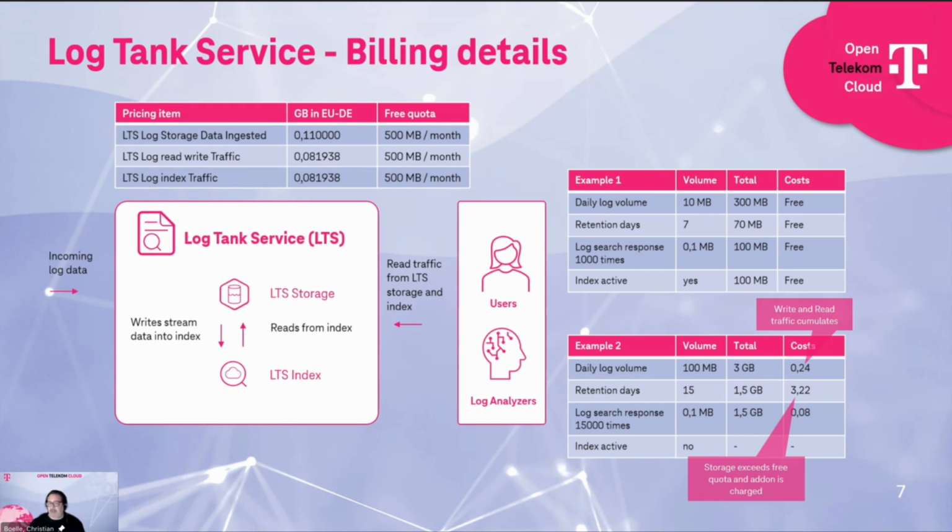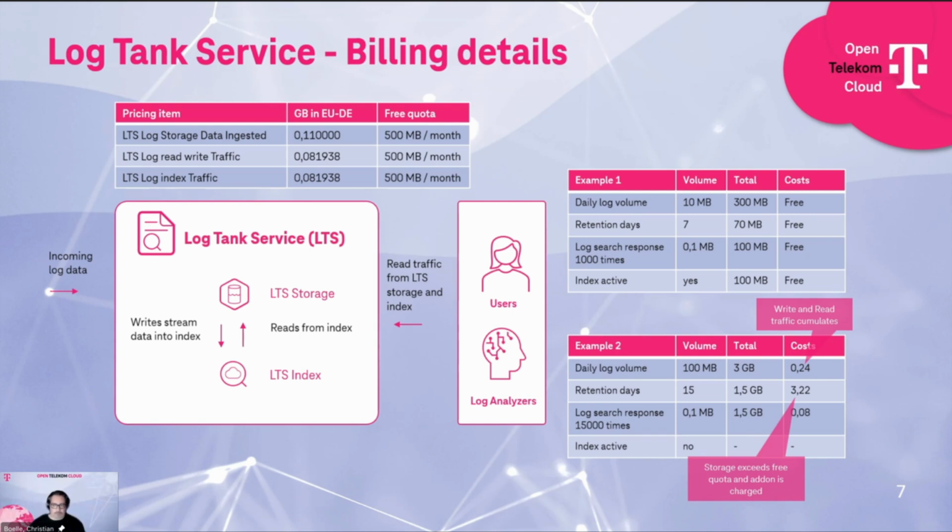That would be the second part: how often or how many MBs do you extract of this log data? For example, when you build a query which runs every minute and every time extracts 1 MB of the data, then over the month you have a traffic accumulated with that amount of megabytes, like in this example, 1.5 gigabytes.